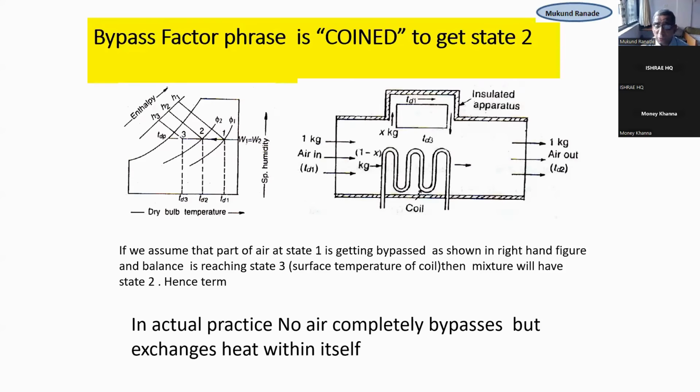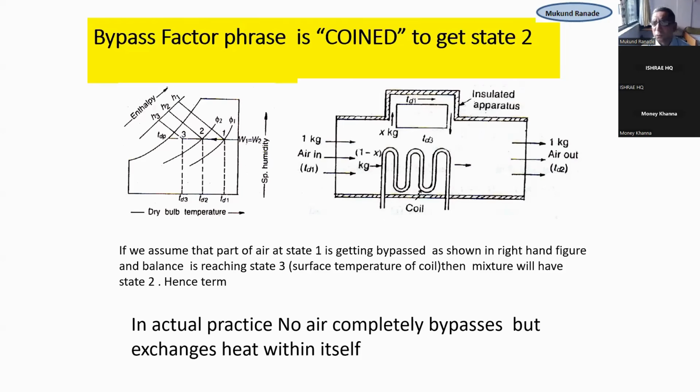Actually, let us say a cooling coil has 12 fins per inch, so the distance between two fins is only 2 mm, and the air is going at a very high speed, very highly turbulent flow, 2.5 meters per second velocity.